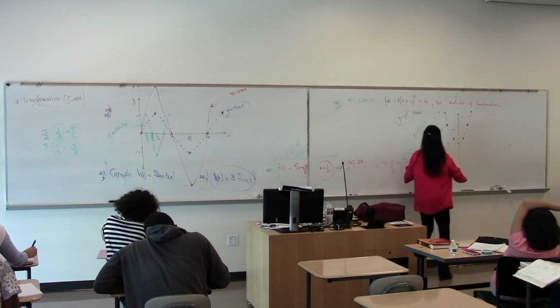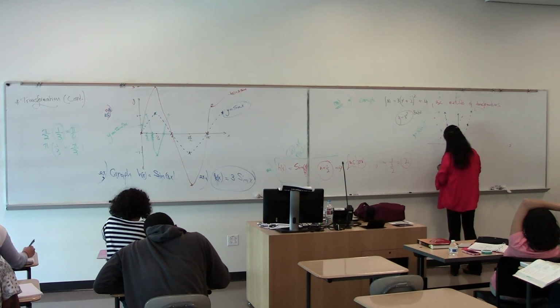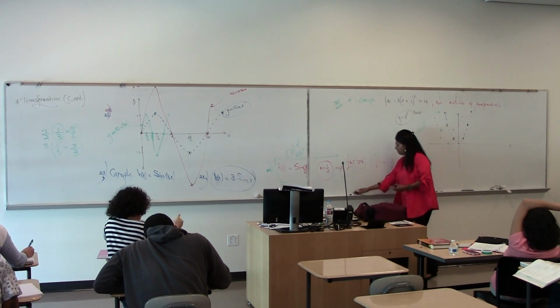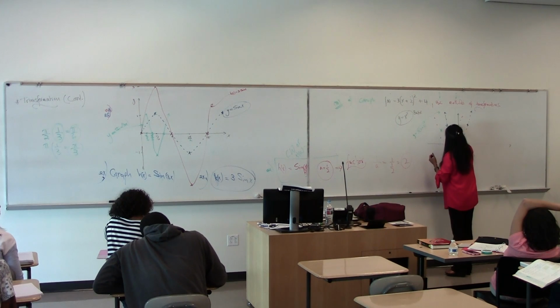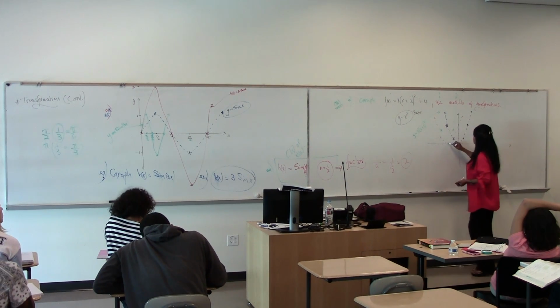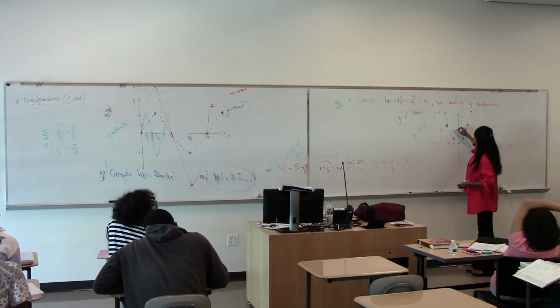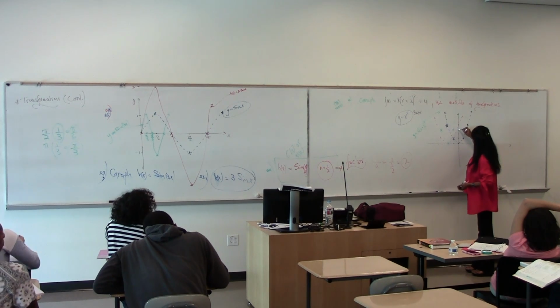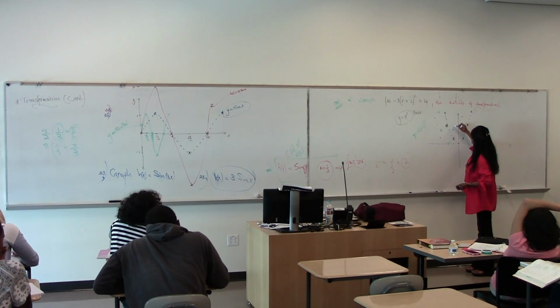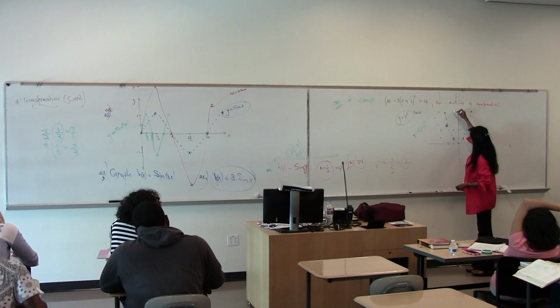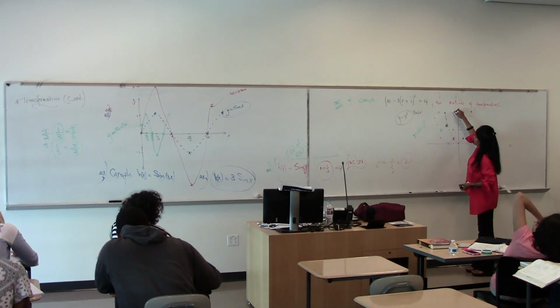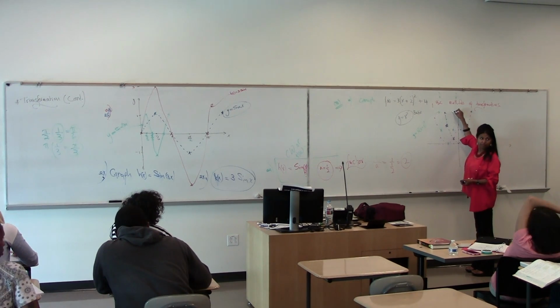Okay, I'll use black here. So this is this. This one goes 4 units up, so this 4 units up is going to be what? 8. Right?